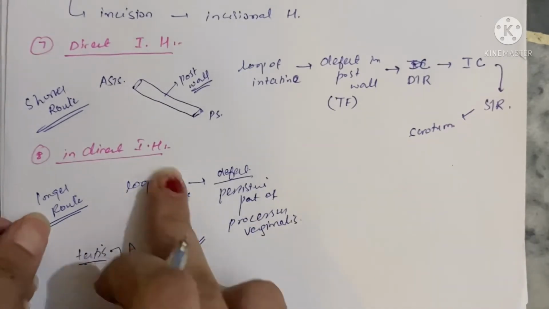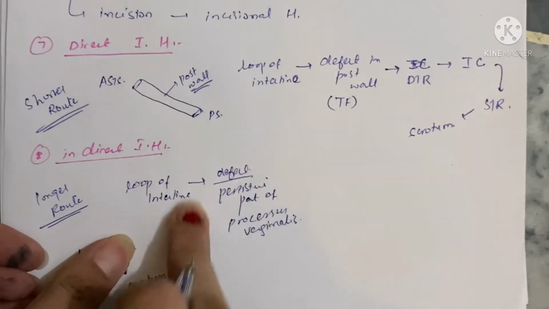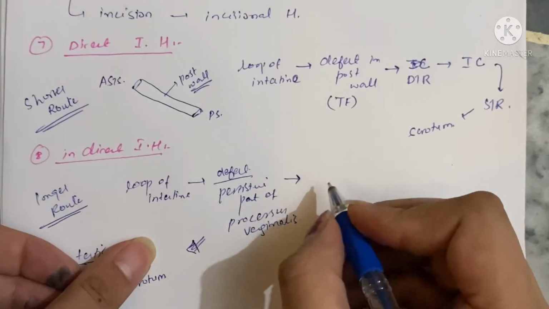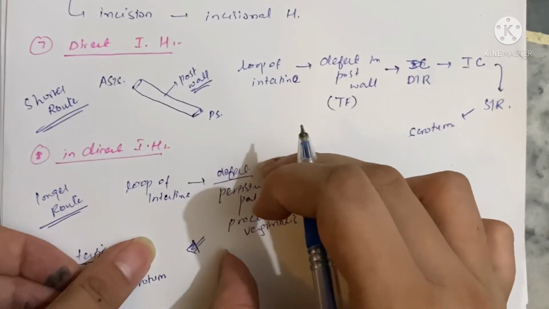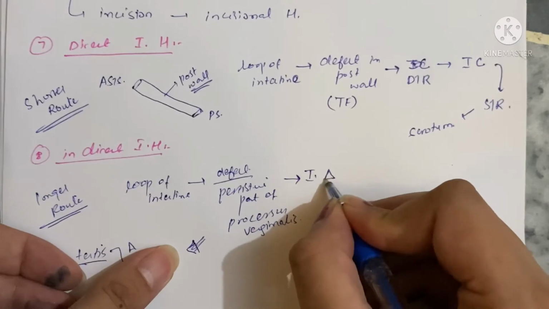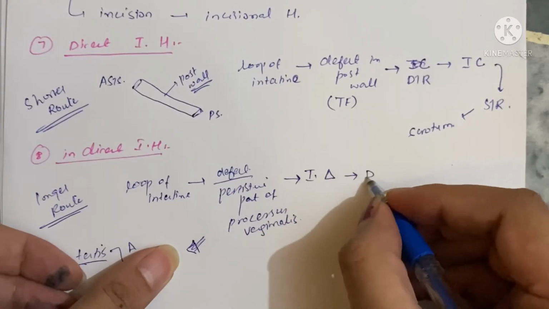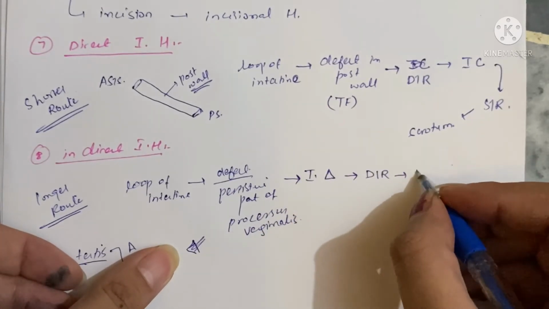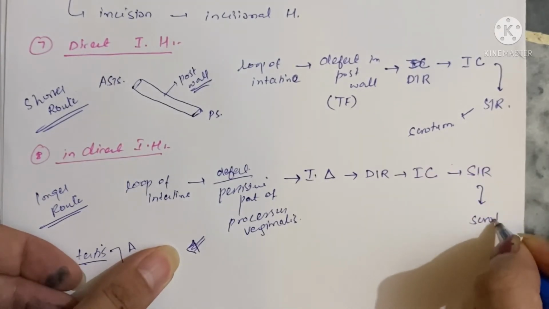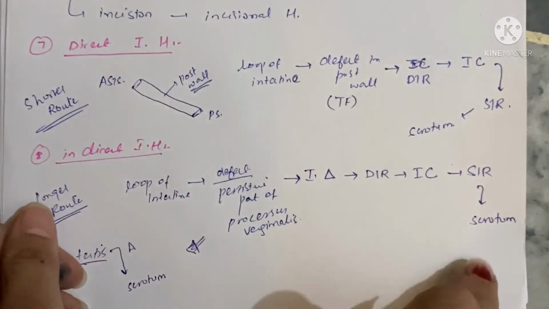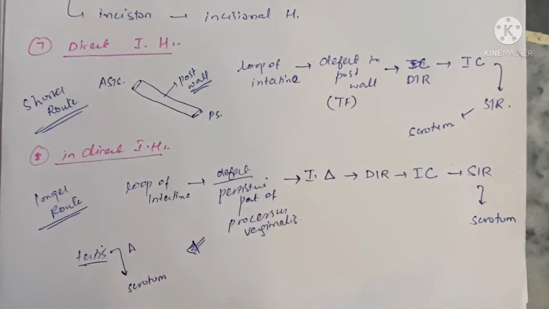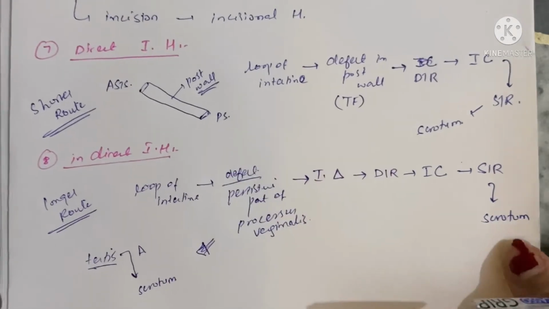So if a loop of intestine protrudes through this defect in the persistent part of the processus vaginalis, it enters the processus vaginalis, and from there it moves into the inguinal triangle, from the triangle to the deep inguinal ring, to the inguinal canal, then to the superficial inguinal ring, and then to the scrotum. So it takes this long route and then enters the scrotum. This will be an indirect inguinal hernia. This is the major concept of the indirect inguinal hernia.